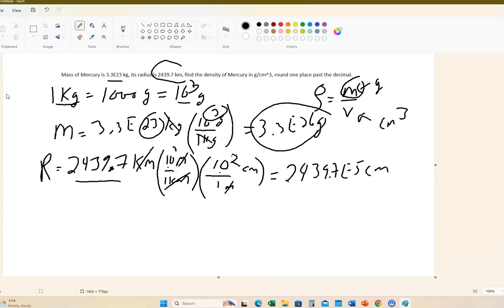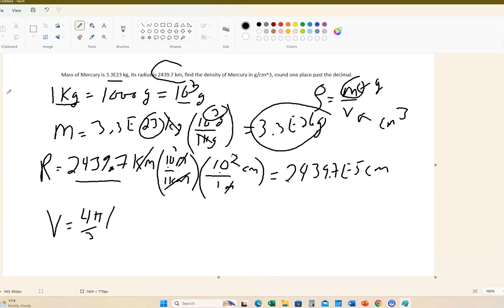Now we can do the volume. The volume is equal to 4 pi divided by 3, the volume of any sphere, times the radius raised to the third power.